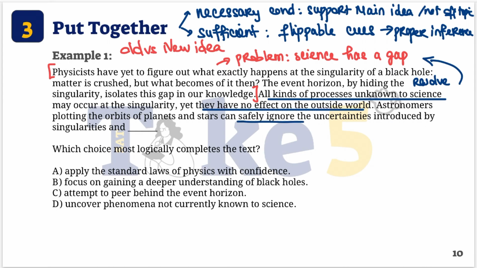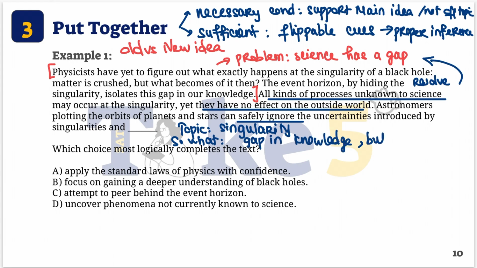So, it doesn't really matter in practice. We can jot down that the main topic is about singularity, and the so what is that it has many gaps in scientific knowledge, but these gaps can be ignored. The correct answer must restate or be consistent with this idea.